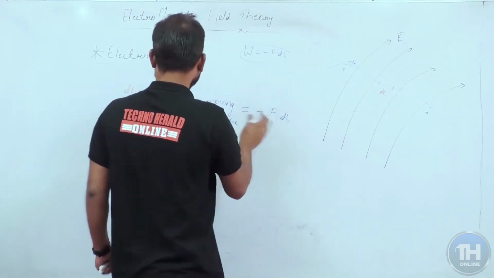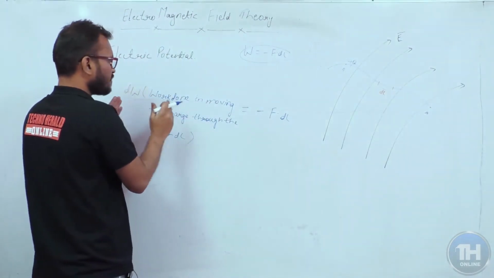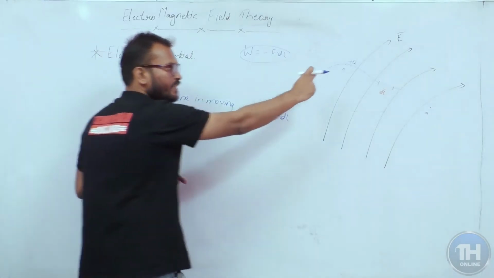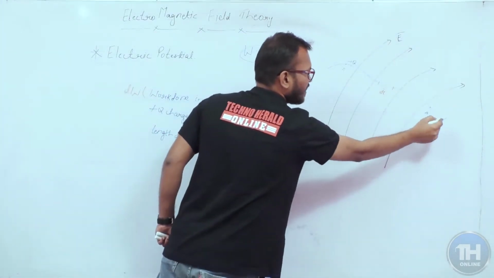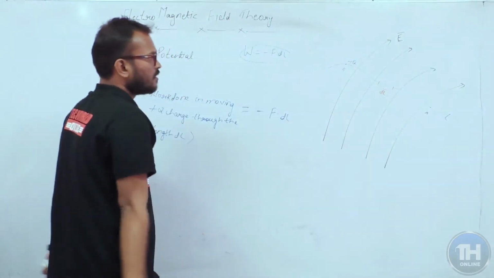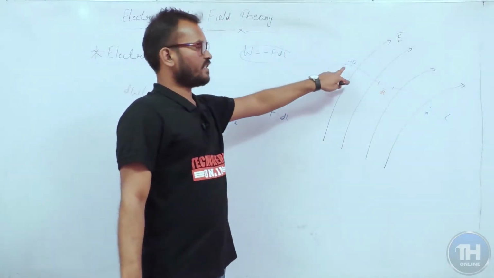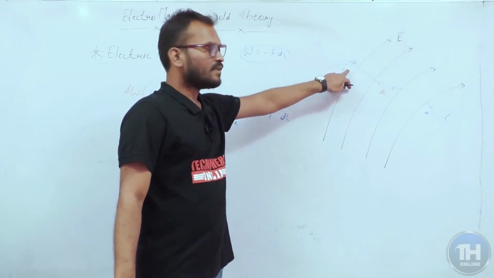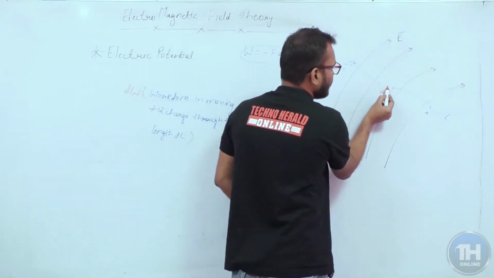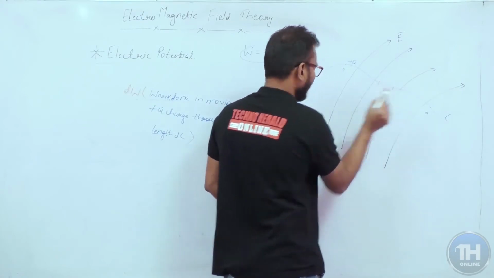Okay? So here also dW, that is the work done in moving a plus Q charge through the length dl over this path, let us denote this path as L. What is the work done in moving this plus Q charge through the elemental length dl over this path L?